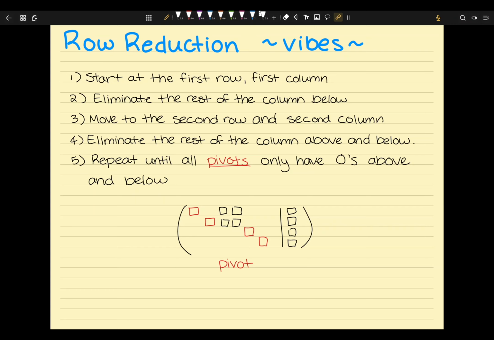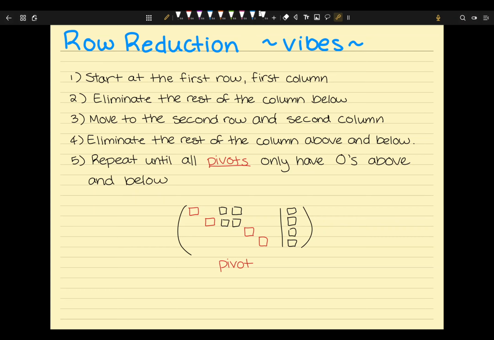You have to do the exercises to really get the vibe. So I'm not going to present the entire algorithm with all of its numerous edge cases. We're working on vibes here today.